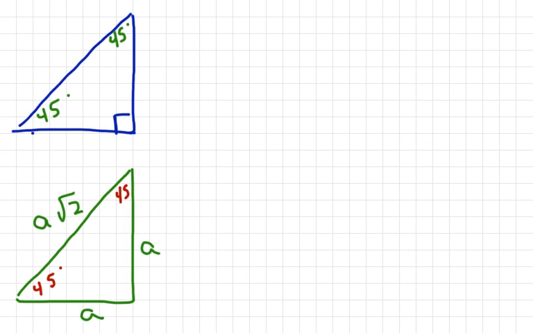Okay, the 45, 45, 90 is a lot easier. Since they're both 45 degrees here, the sides are the same. And we have our hypotenuse here. So I'm going to let my A be 1. So instead of A, I'm going to put 1 here.